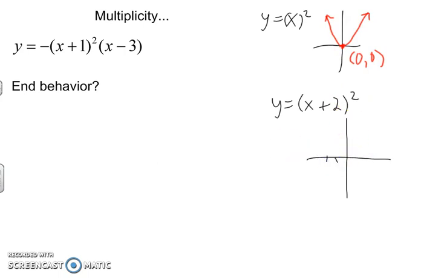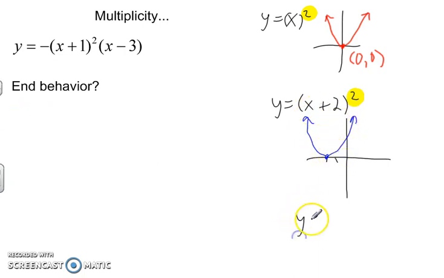So the 0 would now be over here at (-2, 0), and the graph would look something like this roughly. The interesting thing is when this exponent is even, when we have an even number of the same factor, 2 of the same factor, 4 of the same factor, whatever it is, the graph is always going to bounce off the axis.